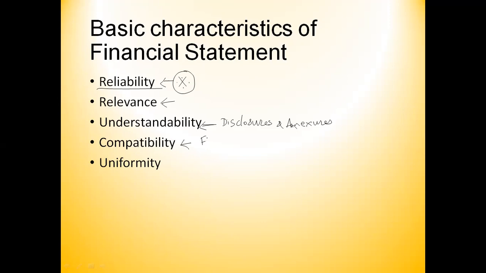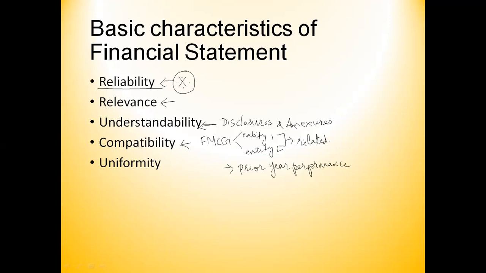For example, if it is an FMCG company, then two entities under the FMCG group could be compared only if they are prepared in such a way that their performance can be compared or related. And one more way of comparability is comparing across previous years. Comparing with the prior year performance is another way of comparing the performance.